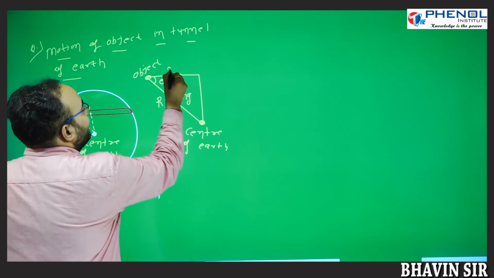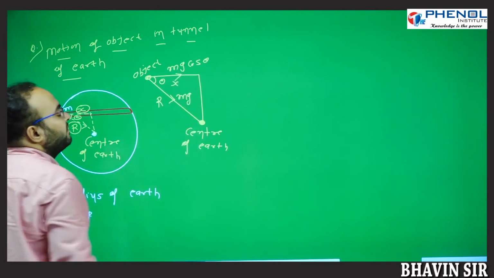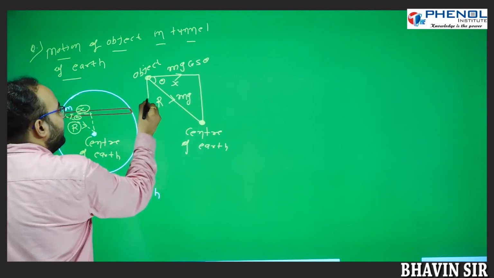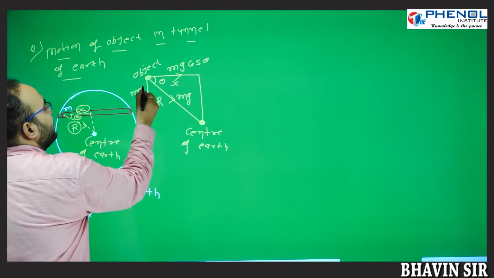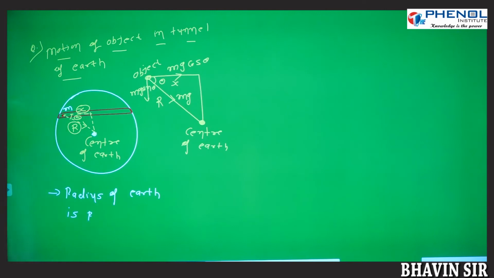Here, where the angle is formed, we consider cos theta, and here we consider mg sin theta. But see students, in the motion in a tunnel, which component? This is the tunnel, right?